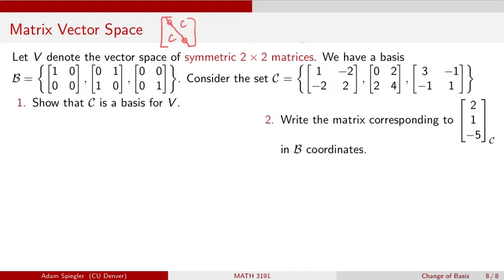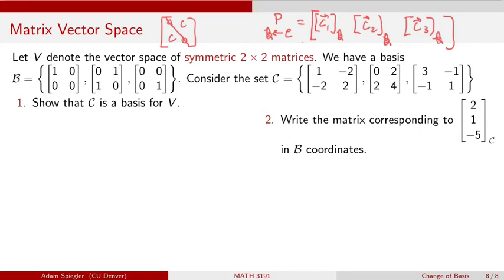So if I can show that these 3 matrices in set C are linearly independent, then by a previous theorem, we know that they are going to have to span the set and thus be a basis. So I just need to show that these 3 matrices are linearly independent. There's no way that I could take linear combinations of 2 of them and get a third one.